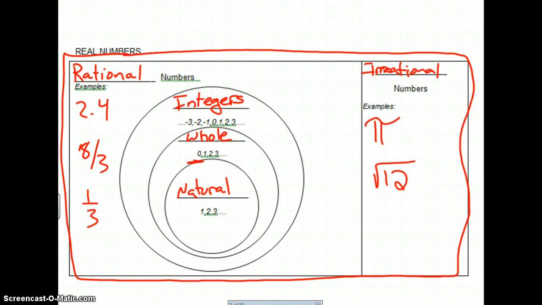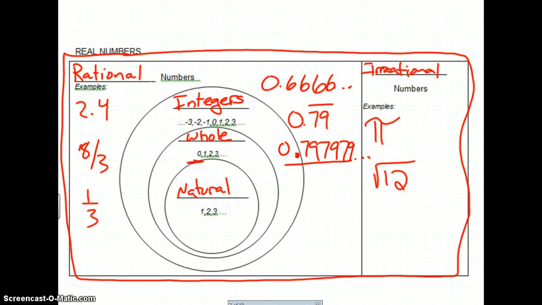I might have 0.6666, again continuing on and repeating. We might have something like 0.79, and in that case, the 79 repeats over and over and over. And that pattern will continue. And those are included as rational numbers.